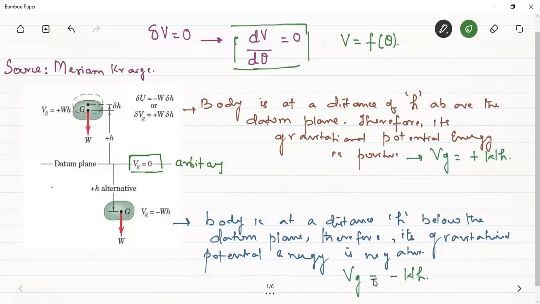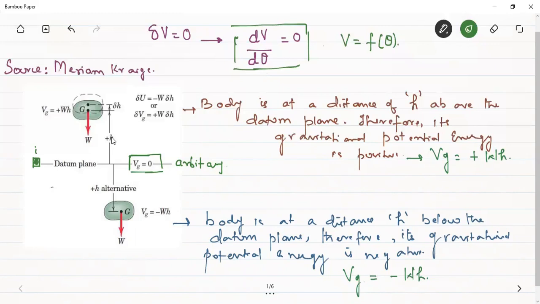It's quite common sense. Suppose this object is at the datum plane here, and I am displacing this body from the datum plane to a region above the datum plane. The initial position is on the datum plane, and the final position of the object is above the datum plane at a distance of height h.